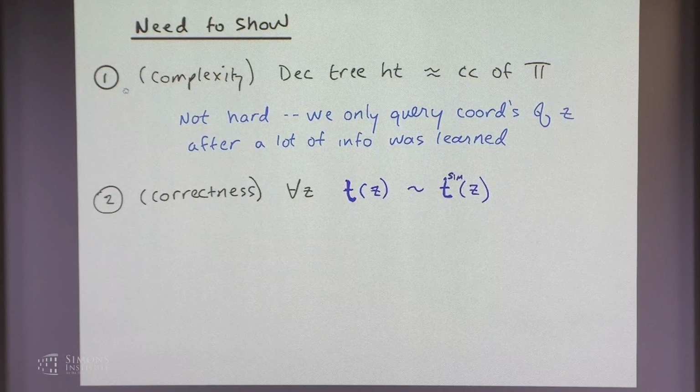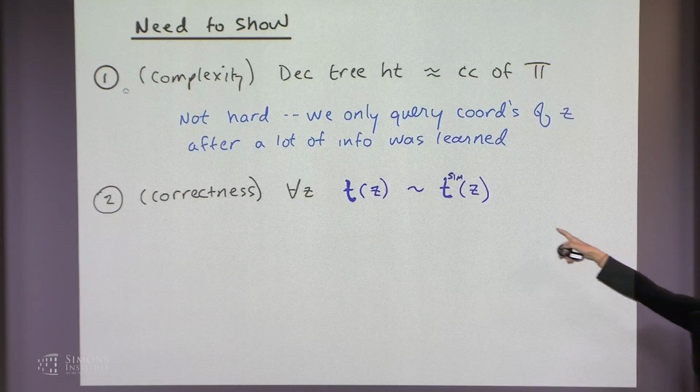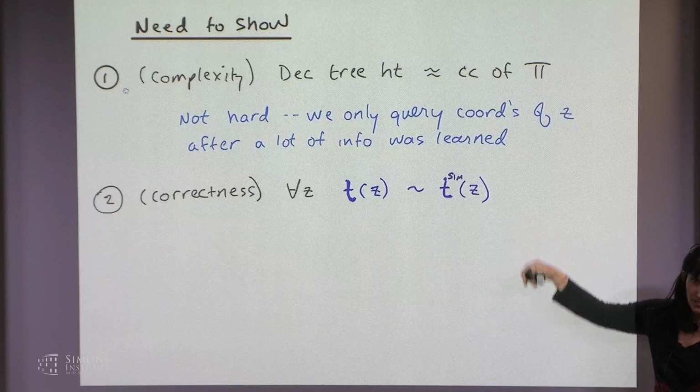I'm not going to say too much about it, but basically we don't do this restoration until enough bits have been revealed about the corresponding coordinates. So the fact that we already communicated a lot of bits in the protocol makes it okay to do the density restoration. It's some kind of potential argument: you're not going to query something until a lot of bits have been revealed. And then the hard part will be showing that the distribution on transcripts is going to be close.